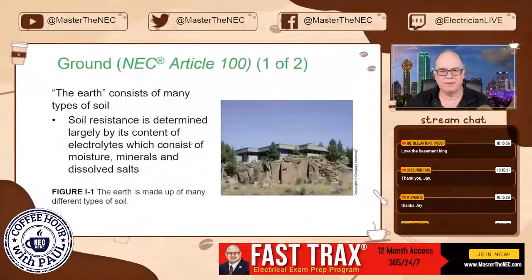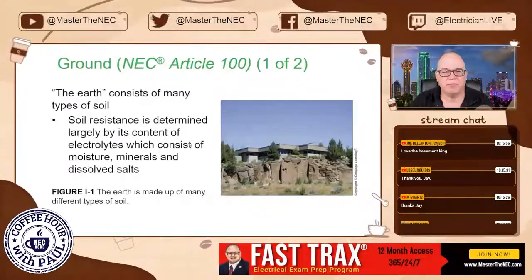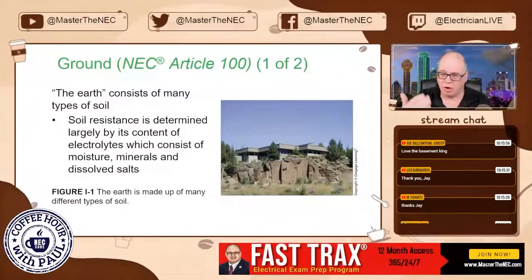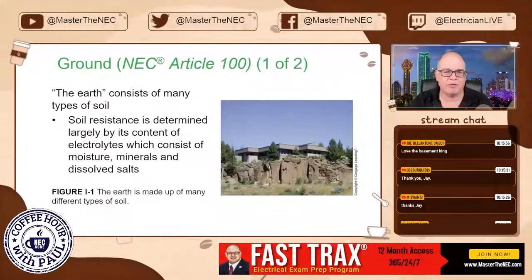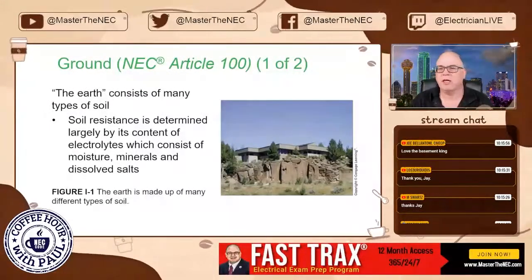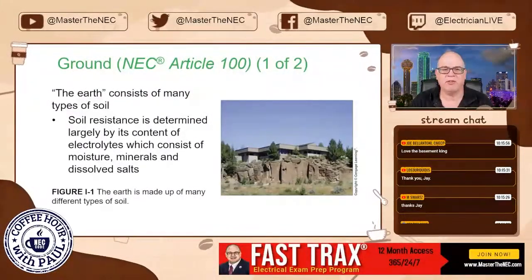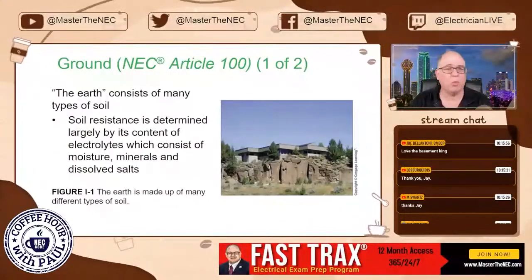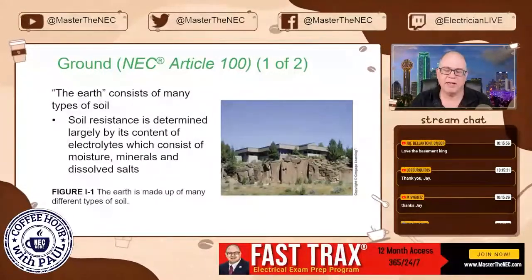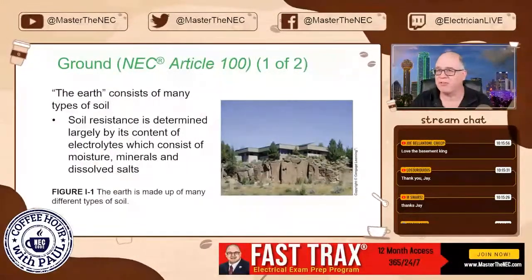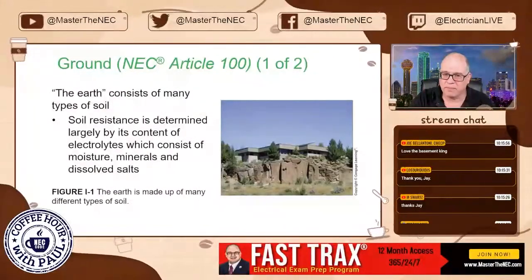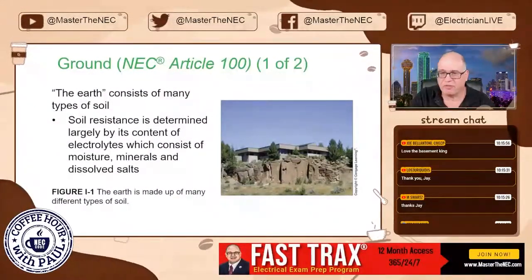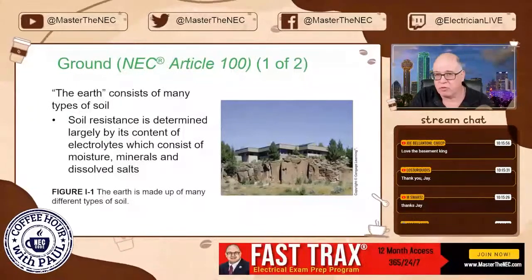All right, let's go. So let's look at some terminologies. And I'll remind you, this is all in our grounding and bonding purple series. The earth. In the code, when we're talking about it, it says the earth consists of many types of soils, depending on where you're at in the country. It's all based on the electrolytes that are in the soil, and dissolved salts, the different minerals, the different moisture levels where it's drier.